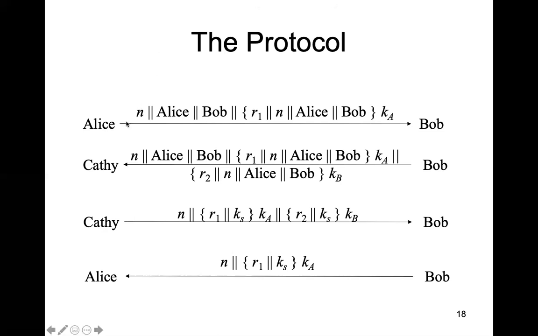Alice is sending a challenge to Kathy, which is R1, and Bob is also sending a challenge to Kathy, which is R2. So Kathy generates this key KS and sends it back to Bob, along with this N, which is going to tie all the messages together. Notice that an eavesdropper or a malicious person can change this N, but it has to match the stuff inside. If it doesn't, the attacker is going to be found out.